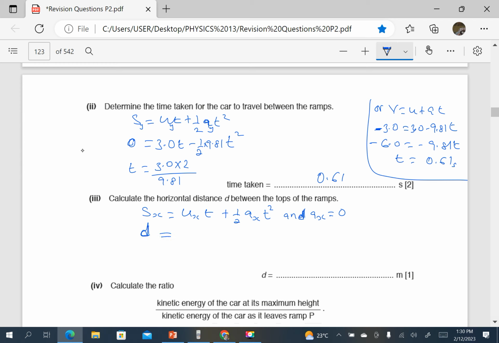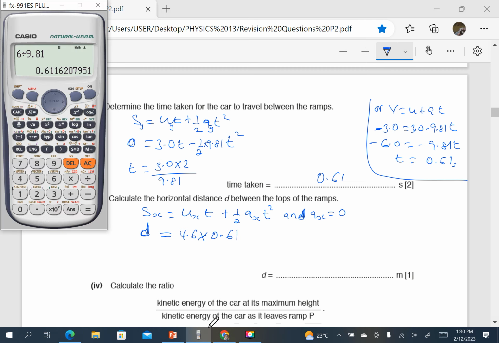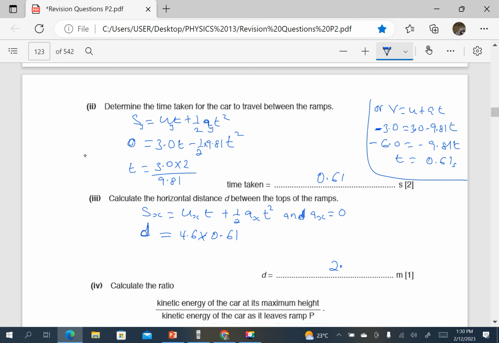Initial velocity in the horizontal was 4.6, times the time. Of course, time is the same either in the horizontal or vertical. So this is times 0.61. The other part is 0. So we shall just have 0.61 times 4.6, which is 2.8. So d is 2.8.